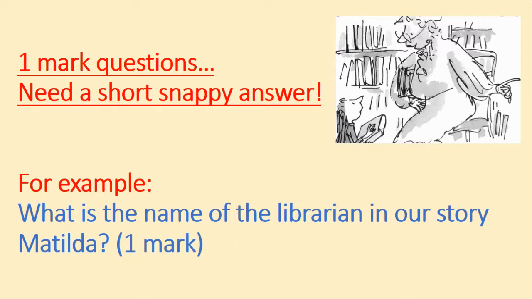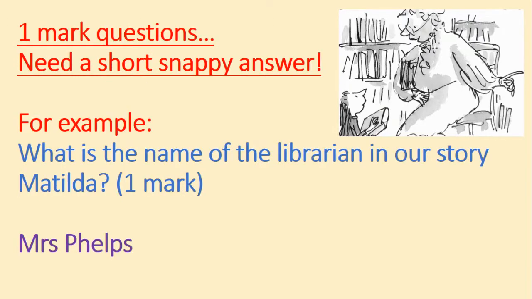For example, what is the name of the librarian in our story Matilda? You can say your answer out loud if you know it. Mrs. Phelps, that's the name of the librarian in our story Matilda. And as you can see, my answer is short and snappy. It doesn't explain, it just simply tells me the name of the librarian.